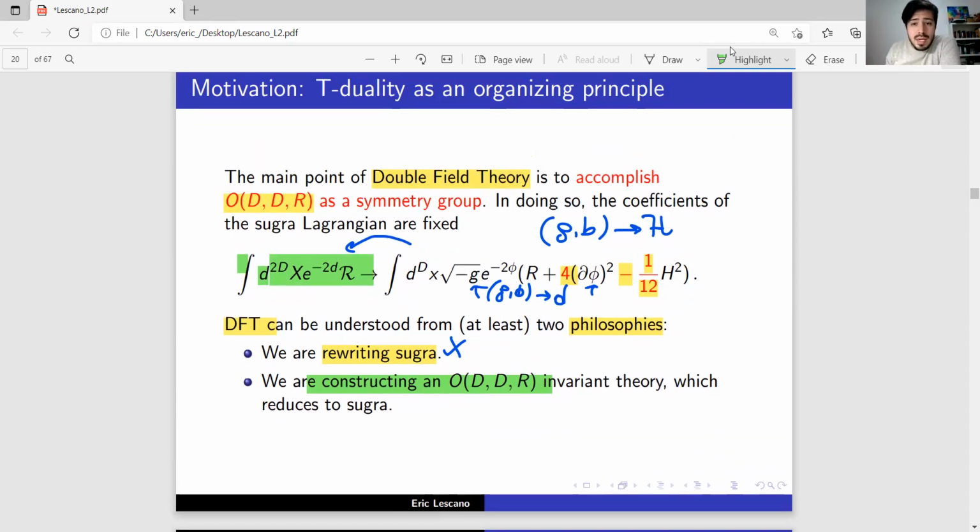And these two philosophies are important because if we always think about rewriting supergravity, we always need the alpha prime corrections, and then we try to reproduce a double field theory. But the idea is not to reproduce the result that we already have. The idea is to construct a systematic procedure to obtain a tower of alpha prime corrections. And if we have luck, this tower, this construction of an O(D,D)R invariant theory with a lot of corrections will reproduce alpha prime corrections. This is the idea.